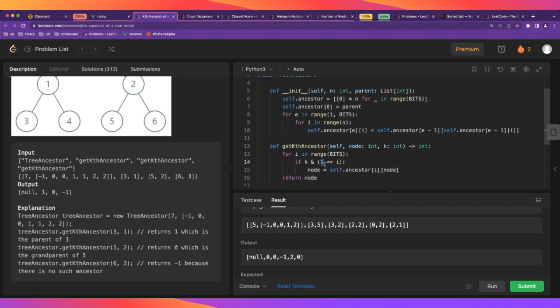We're shifting the 1 to the ith position, and we're checking if that bit is on in k. If the bit is on, we make that jump from the node. Yeah, I think it's a little confusing that I'm using the same name. Let's use E here. So this is an exponent.